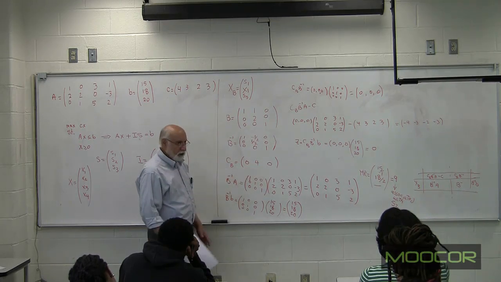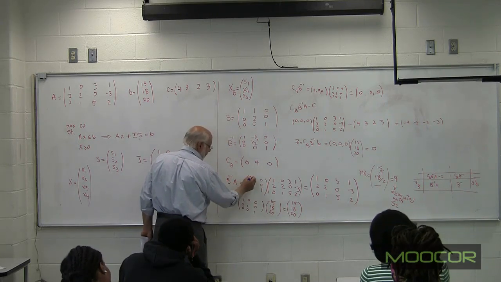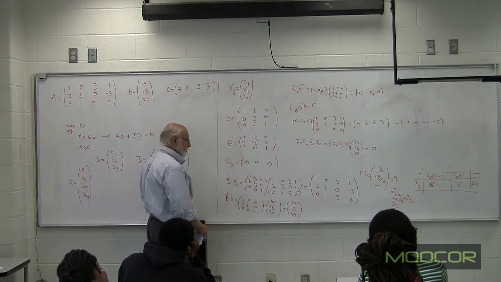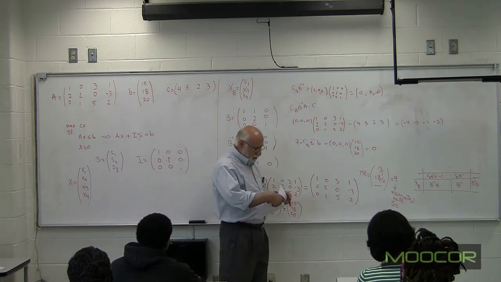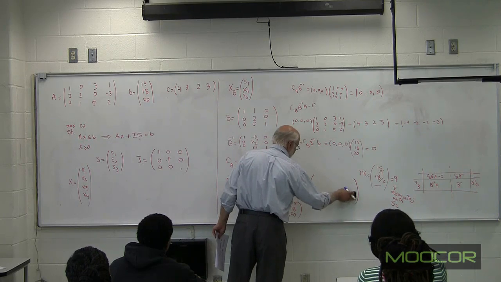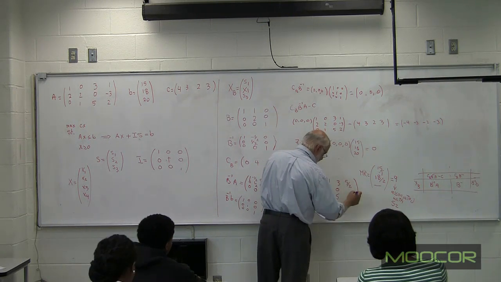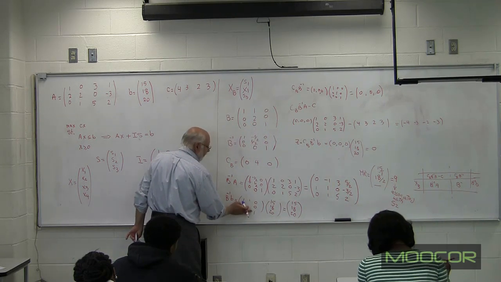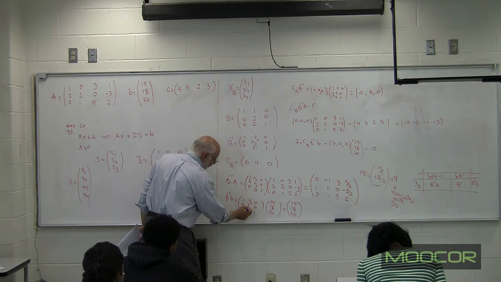Now B inverse A. Now B inverse has changed, and that is negative 1/2, 1/2, and 0 times A. So B inverse times A, you will multiply that, and you would get numbers like this. B inverse B. Negative 1/2, 1/2, and 0.